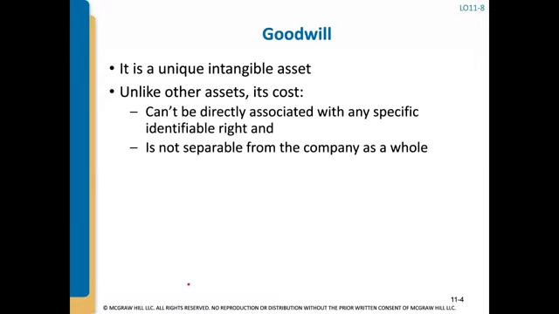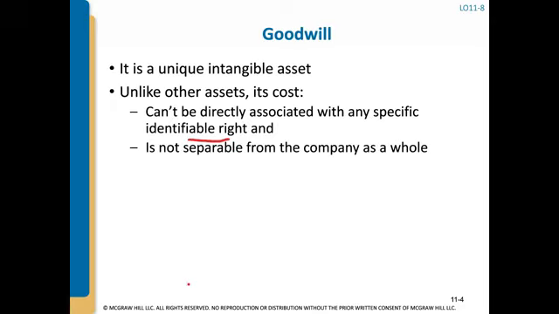There are other indefinite intangibles that are also subject to impairment, which is covered in the first video, but goodwill is a unique intangible asset because it cannot be directly associated with any specific identifiable right.